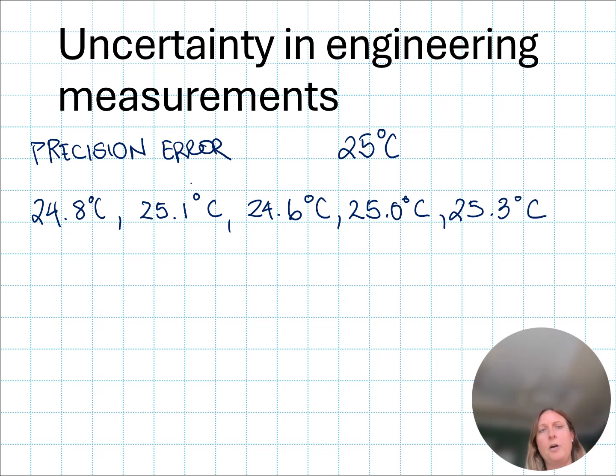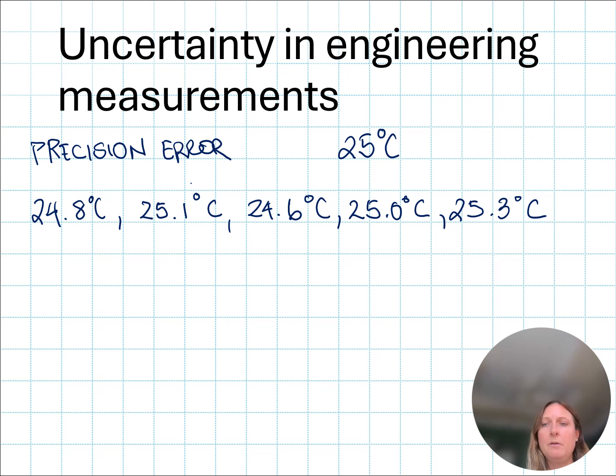So these measures are closer to the true temperature of 25 degrees C. They're more accurate, but I've measured the same fluid at the same temperature 5 times in a row, and I've gotten slightly different answers every single time. Each one varies just a little bit from the other. So that degree of difference of one measure against the mean of all 5, that's defining the precision of the instrument that I'm using to take my measurement.